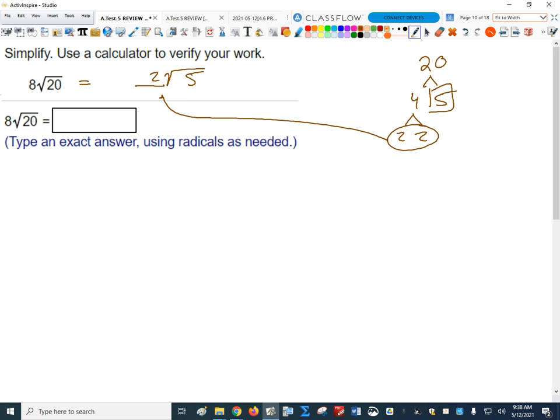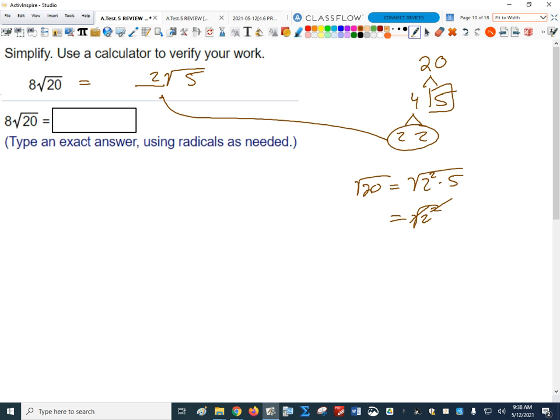Okay, now let me show you why, though, because I showed you the trick, and couples go out, singles stay in as a quick and easy way to do this, but let's not lose sight of the mathematical basis for that. So what we've done is we've broken up 20 into 4 times 5. So the square root of 20 equals the square root of 2 squared times 5. You see why we're only getting a 2 now? Because when we get the square root of 2 squared, the squared and the square root cancel.